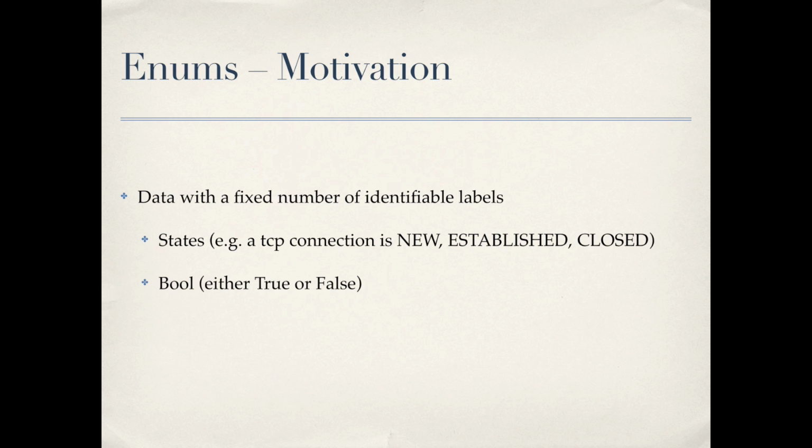Another example could be even a Boolean data type. It has 2 clearly identifiable labels, namely true and false, or days of the week, month names, etc. There are lots of different possibilities.